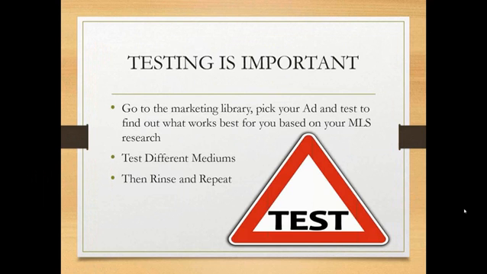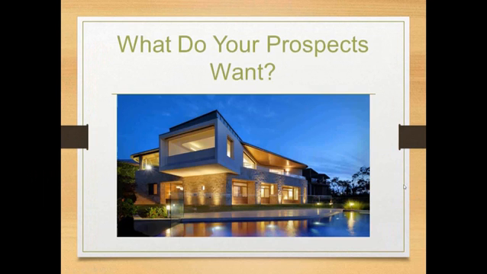Much like I said earlier, when it comes to opening a McDonald's restaurant, they don't just throw a dart at the map and say, hey, we're going to open a restaurant here. McDonald's does a ton of research on population and trends and traffic before they decide they're going to invest in opening a brand new restaurant. Well, you and I have similar type information right on your MLS. You just need to be smart enough to use it.